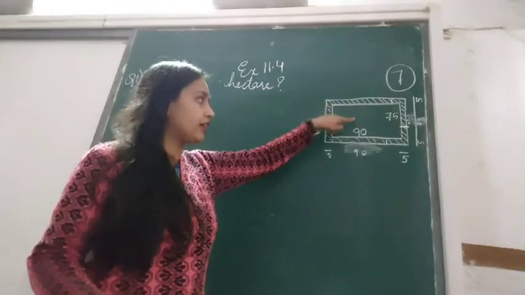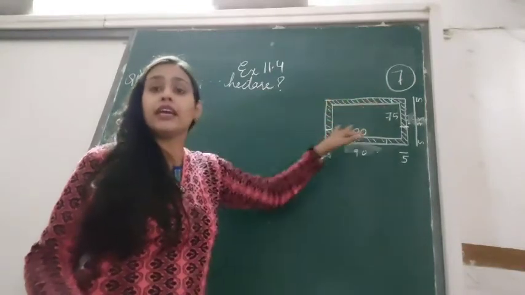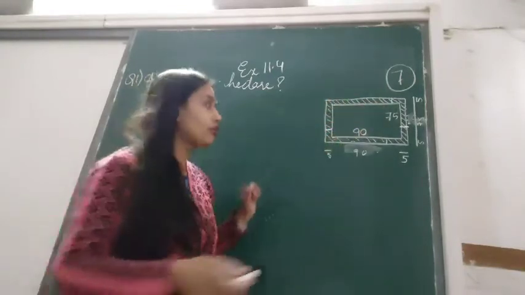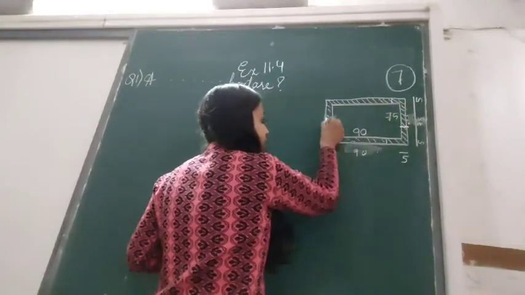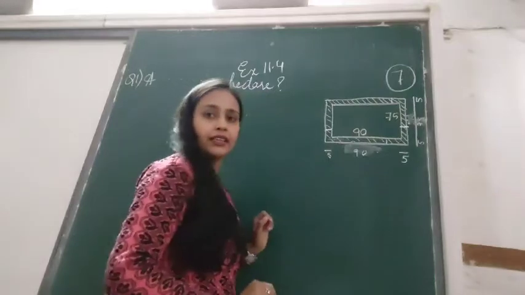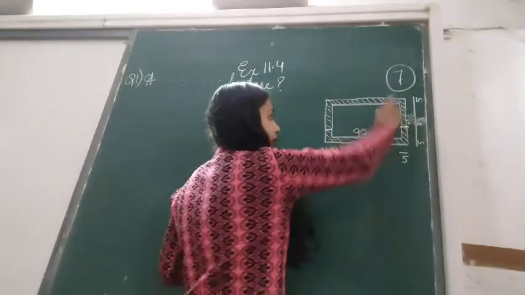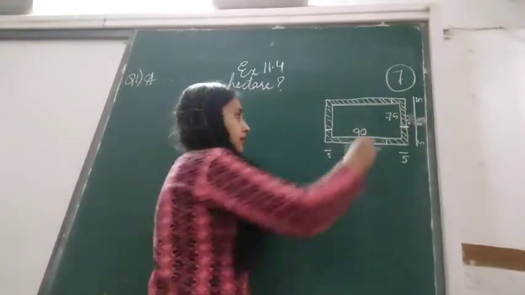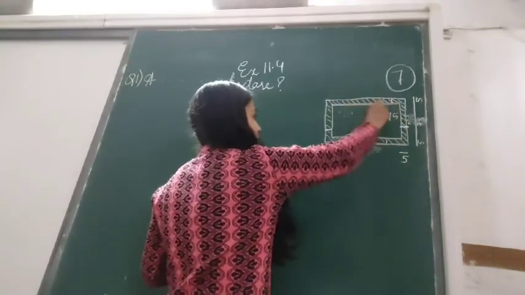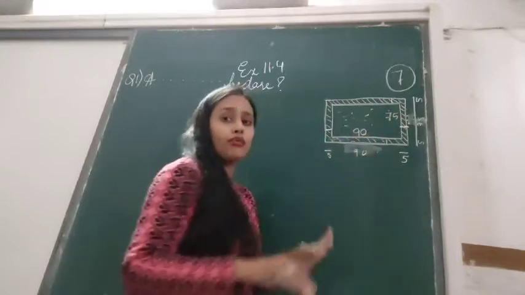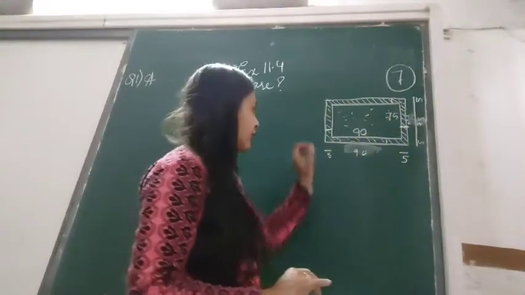So we have to find the area of the path. How to find the area of the path? We find out the entire area like this. For finding the entire area, we have the length and the breadth. Then if we remove this inside area, meaning subtract, we get this much area.